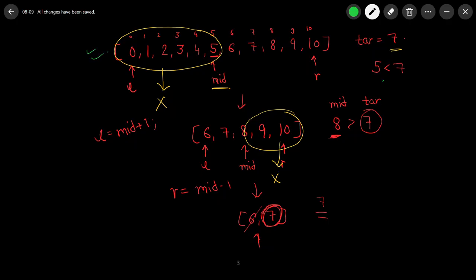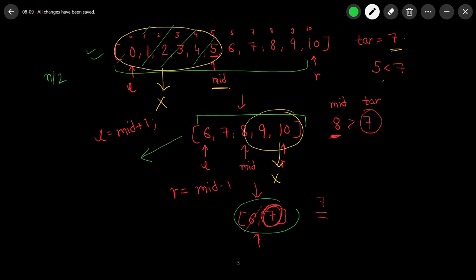Like here, our array size was 10 or 11, and we reduced half of the portion. Here also you can see it was 5 elements first, but when we reduced our search space, we got only 2 elements. So again we halved our array. So every time we keep on doing n by 2, reducing our search space by half in binary search.